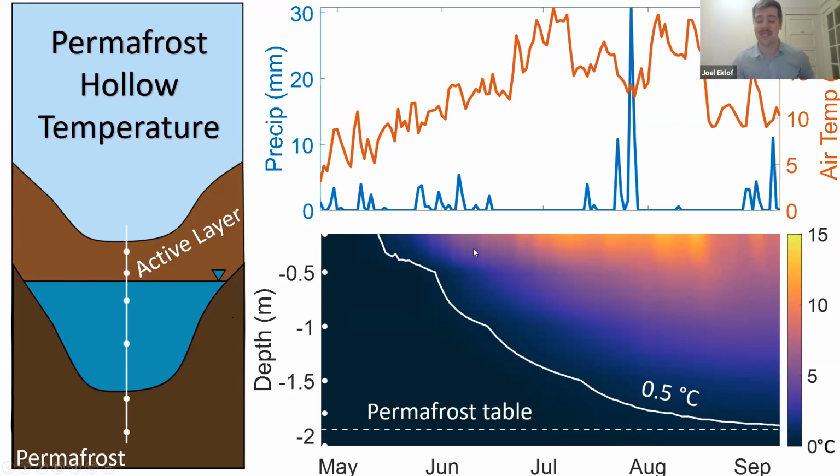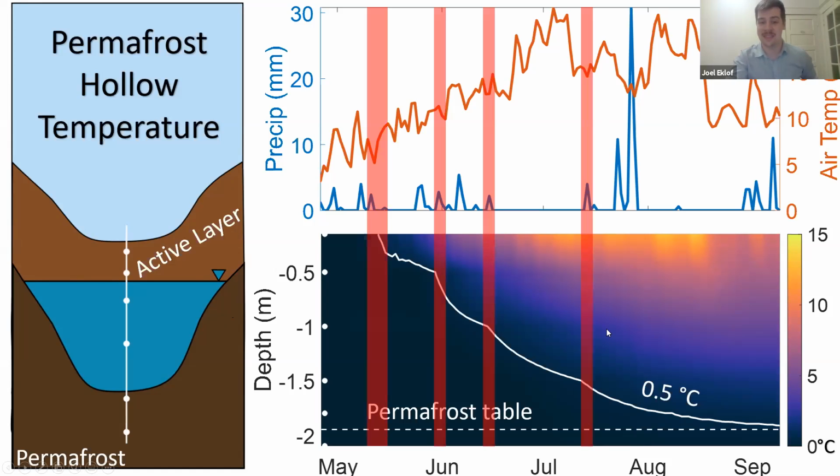But if we focus in a little bit closer at these local areas of faster thaw, all of these areas coincide with rain events throughout the summer. So though we don't have a big drastic thaw event like we do in the hummocks, there is still potentially some evidence that could indicate advective heat transfer by rain may have a role.